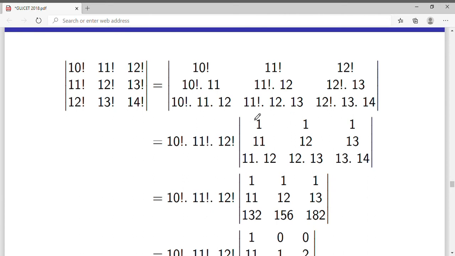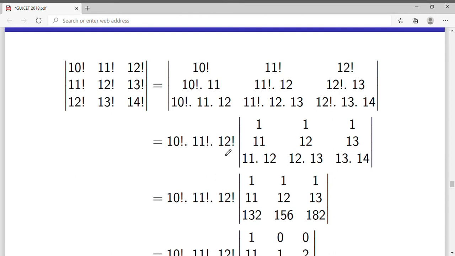In the same way, here 11 factorial into 12 into 13. Here 12 factorial stays as it is, 13 factorial is nothing but 12 factorial into 13, and 14 factorial we can write as 12 factorial into 13 into 14. From the first column 10 factorial is common, so we can take it outside. From the second column 11 factorial is common, and from the third column 12 factorial is common.